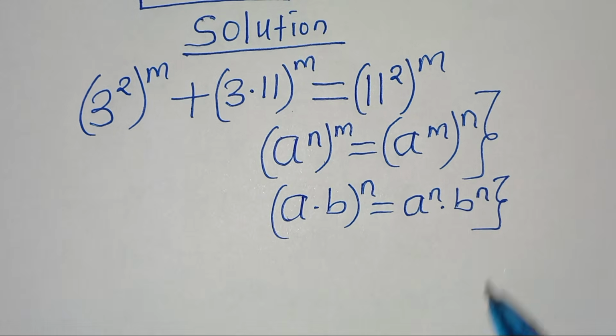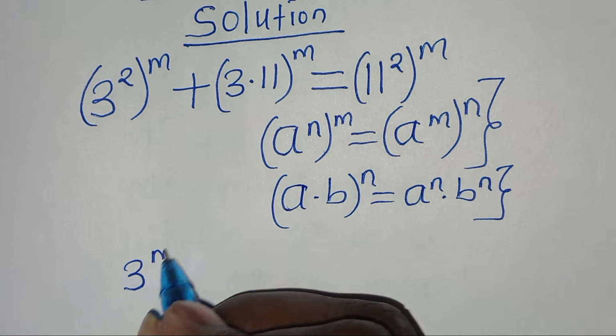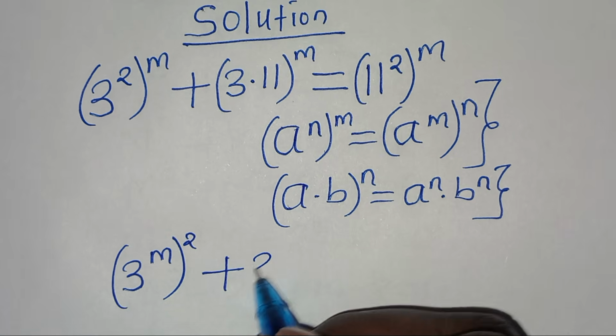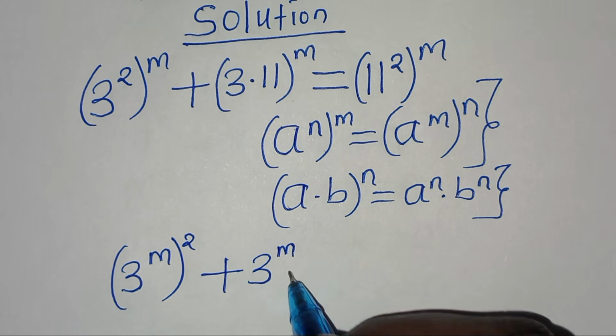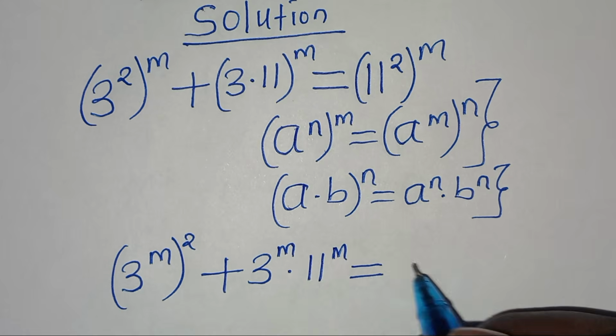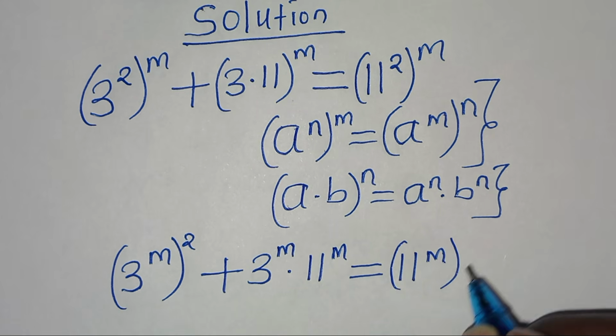Applying these two exponent properties, we have (3^m)^2 plus 3^m multiplied by 11^m, which is equal to (11^m)^2.